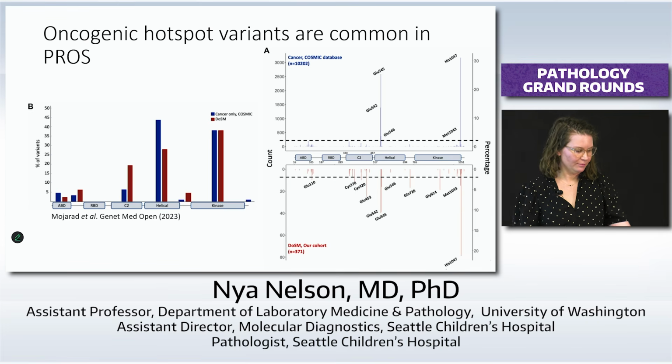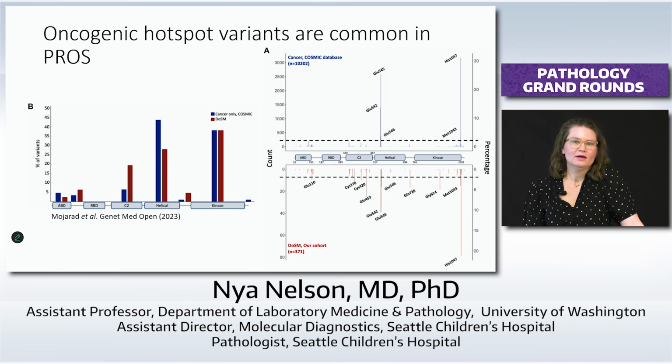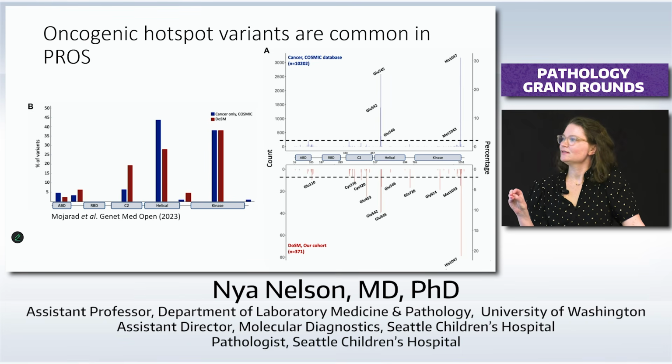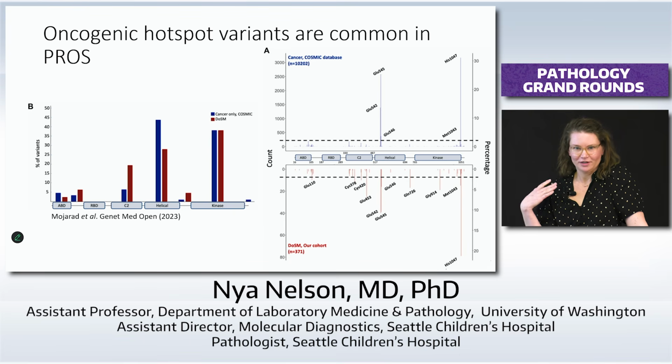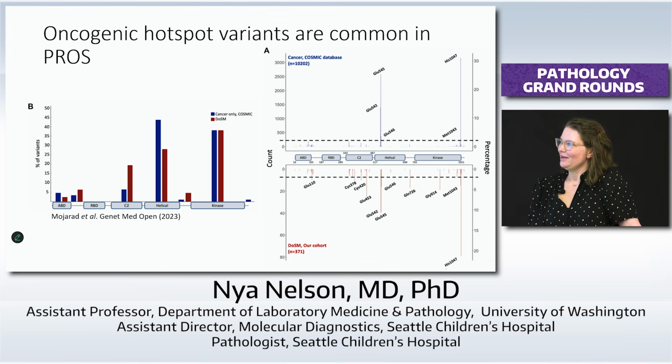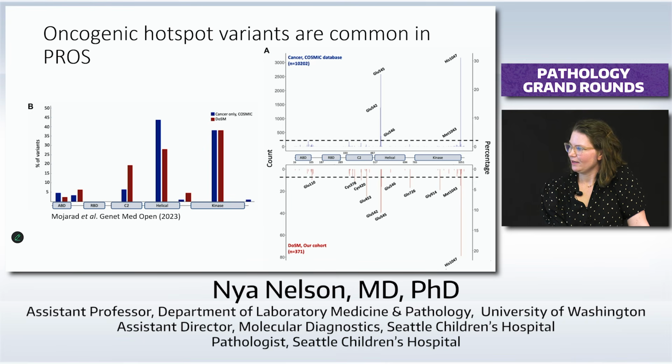And this is a paper from a couple of years ago now from WashU that characterized their cohort of patients with mosaic PIK3CA variants. The first author here is Bahara Mujarrad, who also happens to be one of my new colleagues at Seattle Children's. But I like this paper because they compared their patients with mosaic disorders and PIK3CA variants, shown here on the bottom, to the spectrum of variants seen in cancer.